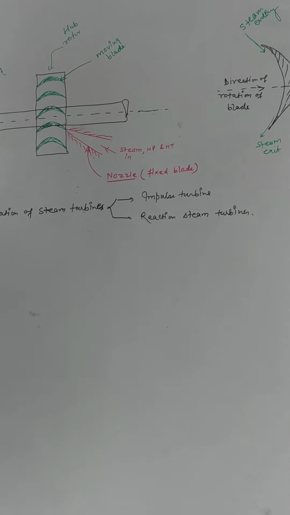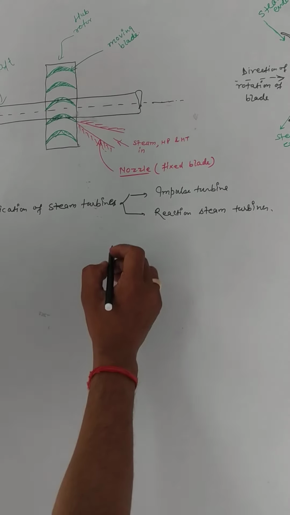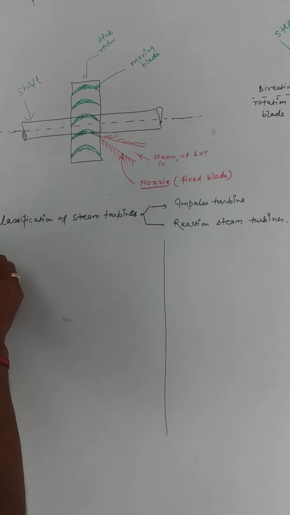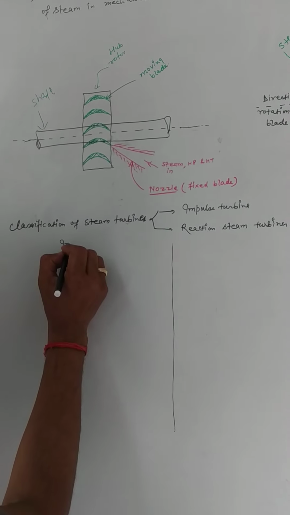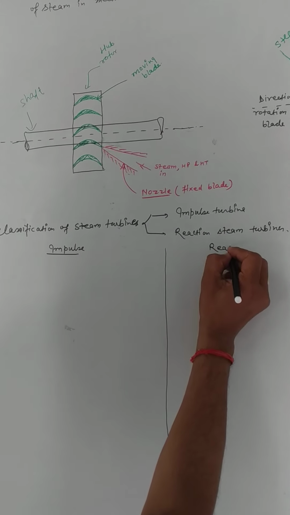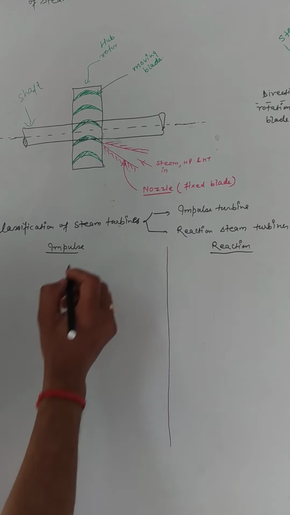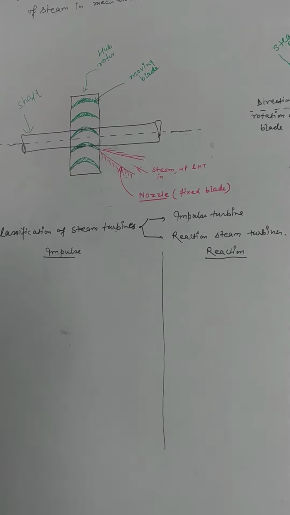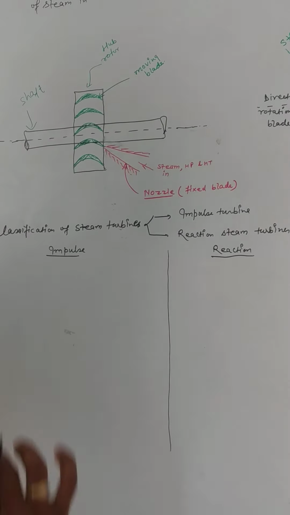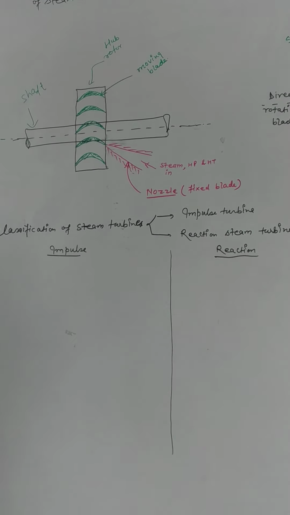The major difference between these two is the working. First, in case of the impulse turbine, the pressure drop takes place in the nozzle only, and there is no pressure drop in the moving blades.